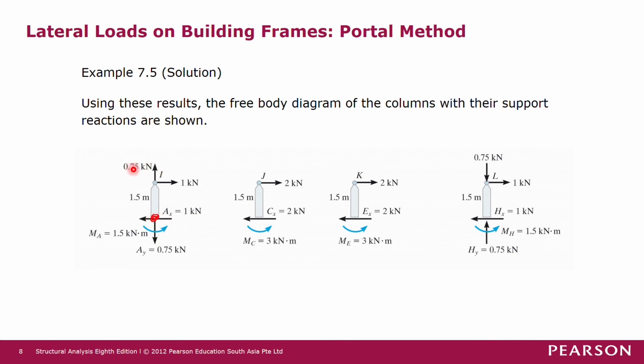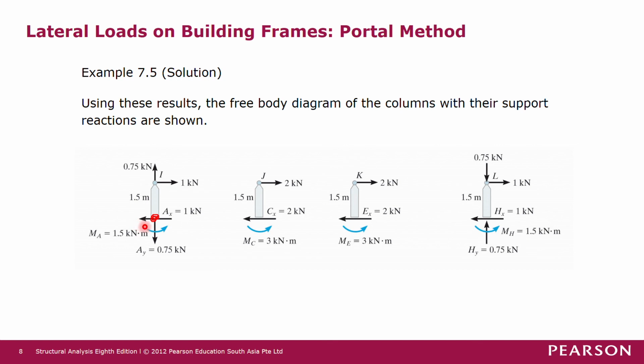This 0.75 kilonewton force also passes through joint A, so this force also doesn't create any moment about joint A. So left only this 1 kilonewton force with 1.5 meter moment arm, and this force will cause clockwise moment about joint A. So the moment is negative 1 times 1.5.